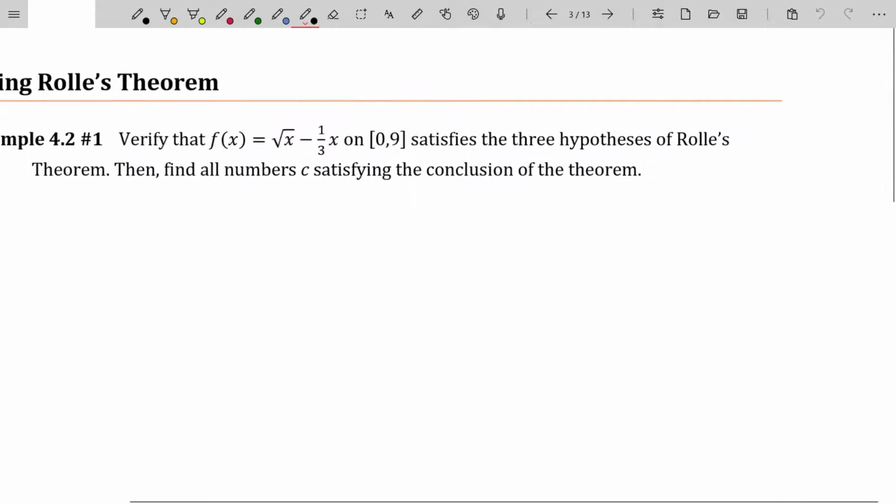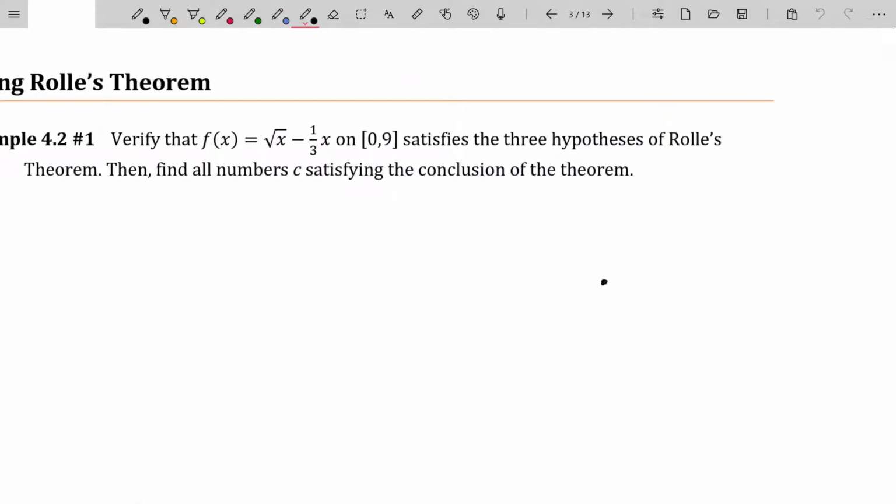Remember, Rolle's theorem just tells us if you have a continuous function on a closed interval from a to b, and that continuous function is also differentiable on the open interval from a to b, and if the endpoints are at the same height, then there must be a point in between where the derivative is 0. Again, first thing you need is f being continuous on the closed interval. You need f prime to exist on the open interval.